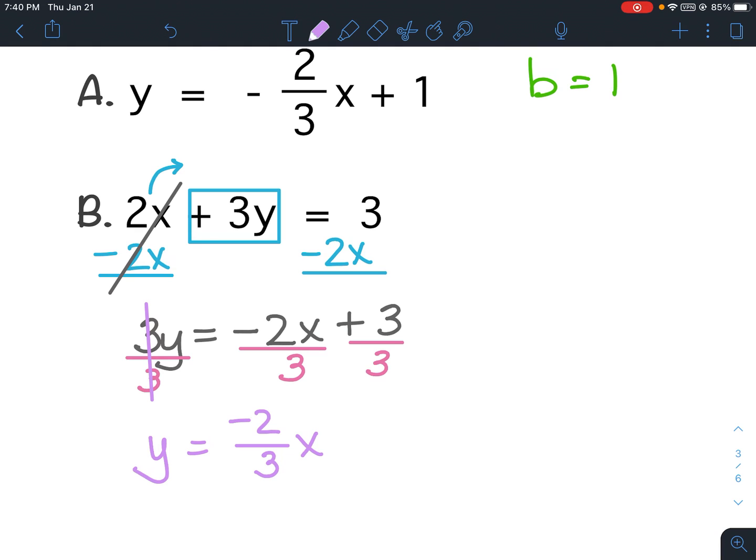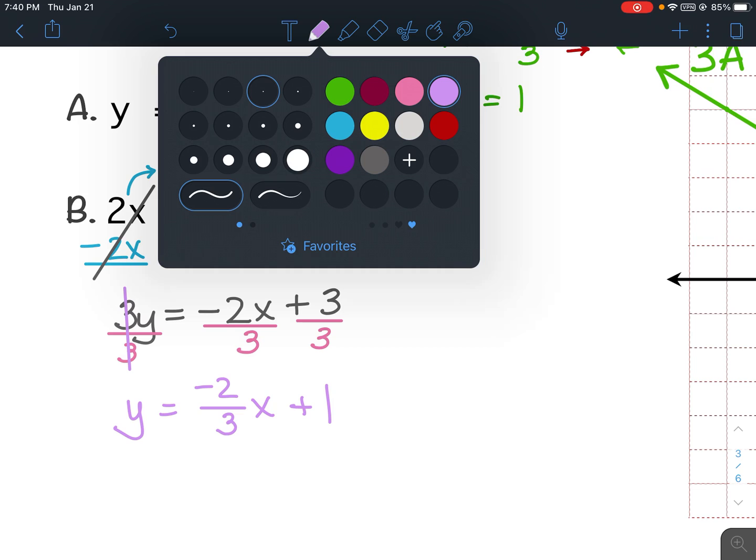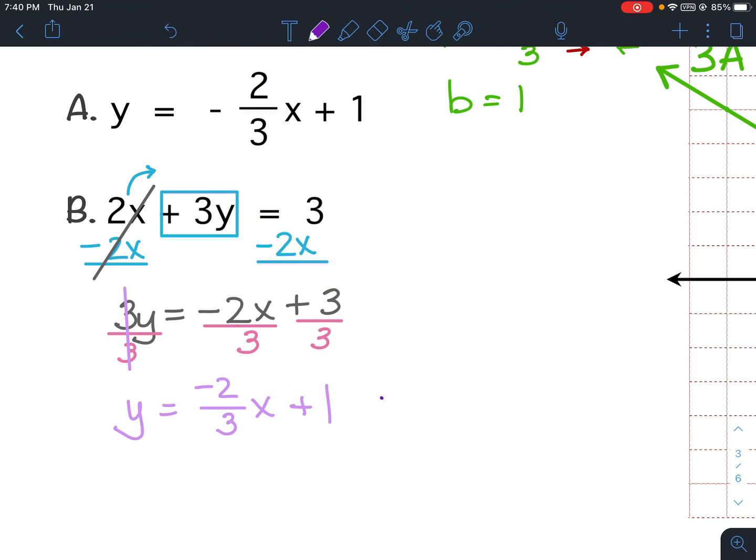And 3 divided by 3 is 1. So if we take a moment and look at this equation up there and this equation here: y equals negative 2/3 x plus 1. y equals negative 2/3 x plus 1. So they're the same line.